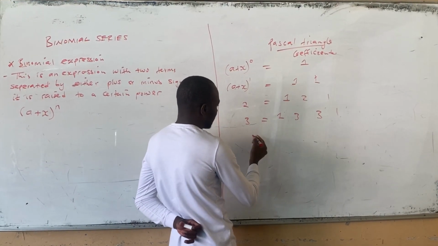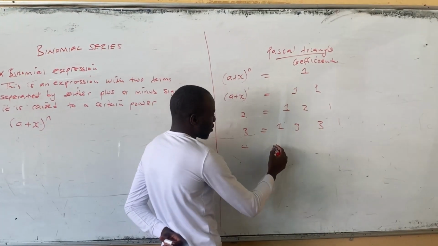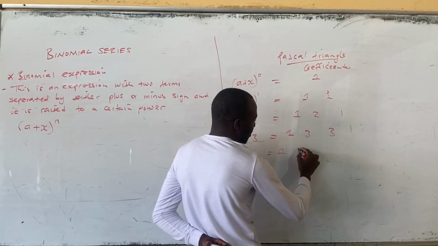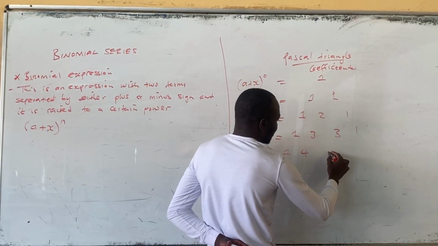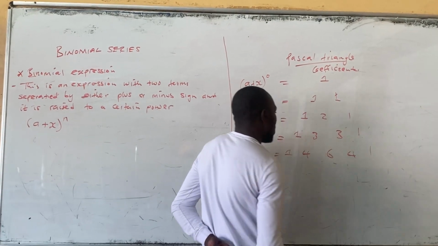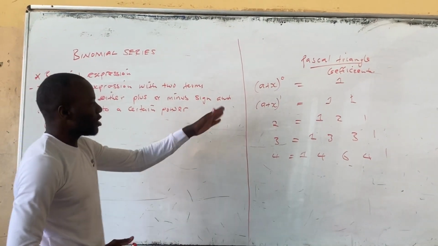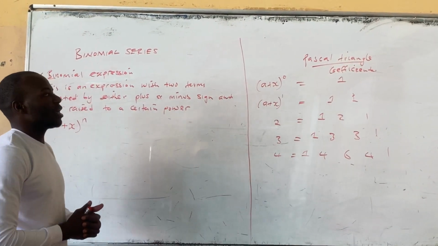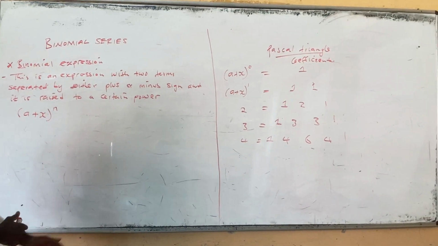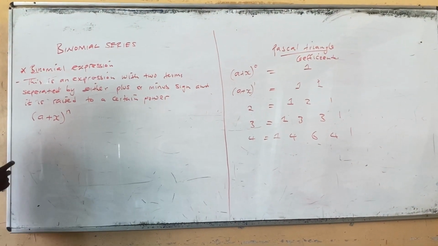Let's end at the 4th power: 1, 1 plus 3 is 4, 3 plus 3, 6, 3 plus 1, 4, then 1. These are the coefficients with respect to each power. You need to know the Pascal triangle to do any general expansion of any binomial expression.